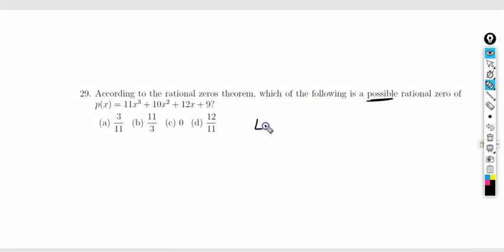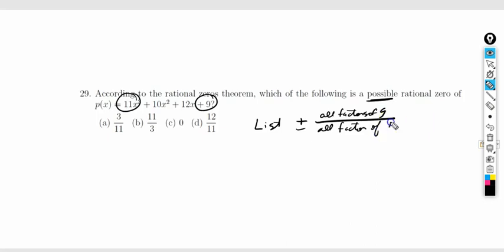So the list is going to be plus or minus a fraction, and in the numerator, it's going to be all factors of 9, and in the denominator, it's going to be all factors of 11. And most students will get the 11 and the 9 swapped around to where they're the 11's in the numerator and the 9's in the denominator.